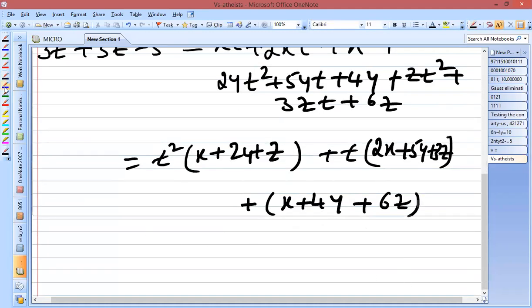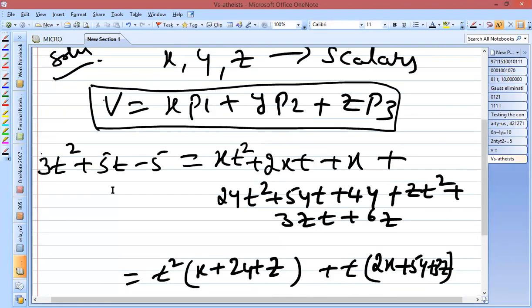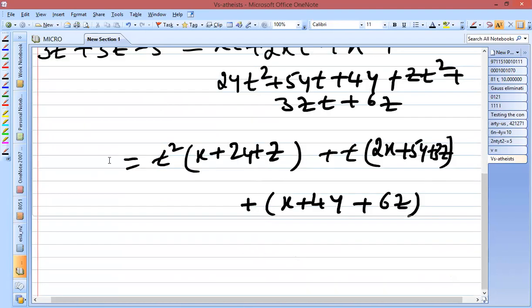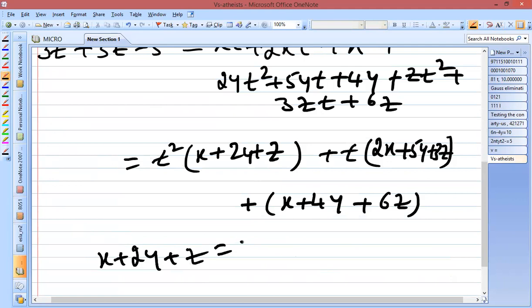So now compare the polynomials on both sides. By comparing the t square combination on LHS and RHS, we can write x plus 2y plus z is equal to 3. Take this as equation 1.